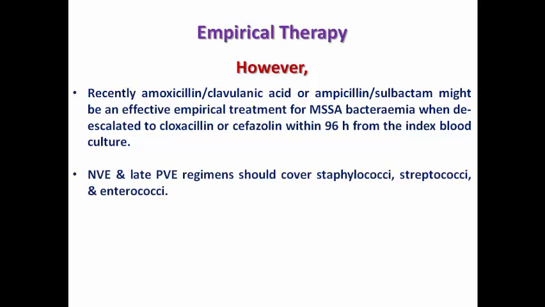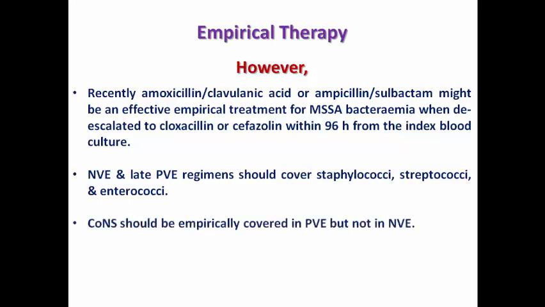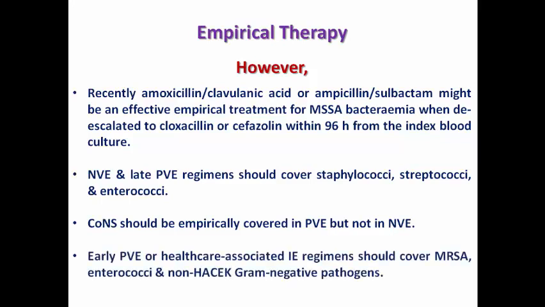For native valve endocarditis and late prosthetic valve endocarditis, they nearly have the same empirical antibiotic therapy that should cover staphylococci, streptococci, and enterococci, whereas coagulase negative staphylococci should be covered in case of prosthetic valve endocarditis, especially the early type, which is usually in the first year after surgery, not in the native valve endocarditis, because it is not common for the coagulase negative to cause native valve endocarditis.